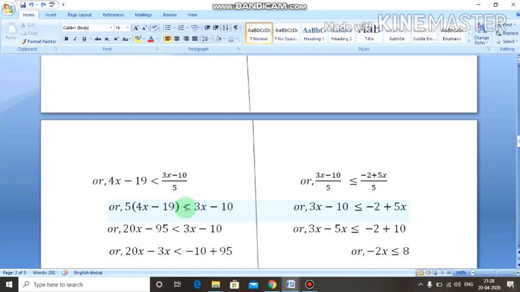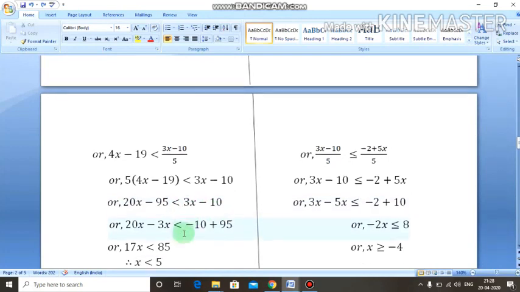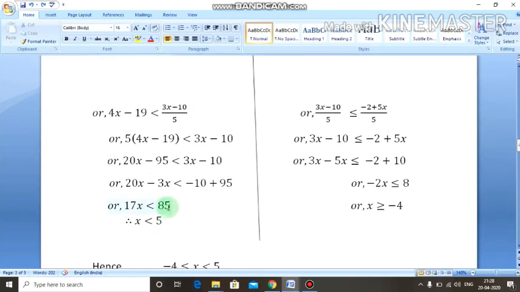Understood? So multiply by 5, then after simplification, 20x minus 95 less than 3x minus 10, and lastly 7x less than 85. From this line to this line you get it by dividing both sides by 17, and 17 is a positive number, so x less or equals to 85 by 17, which is 5. This completes the first part.